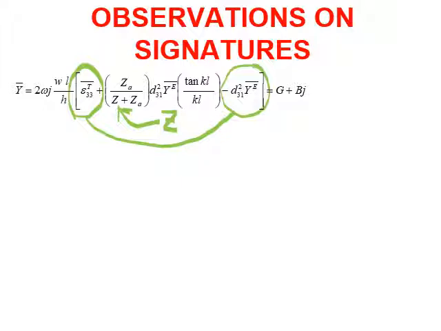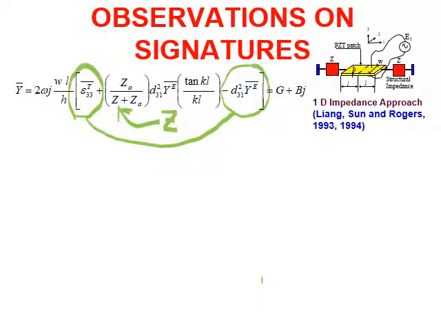If there is any damage, then Z undergoes change, and this change is reflected as change in the signature Y. So this 1D model, we have done its very thorough derivation. So I hope that each one of you has individually derived the expression.